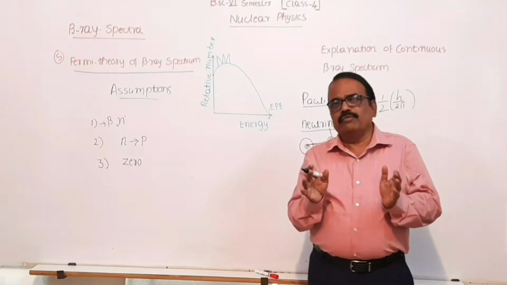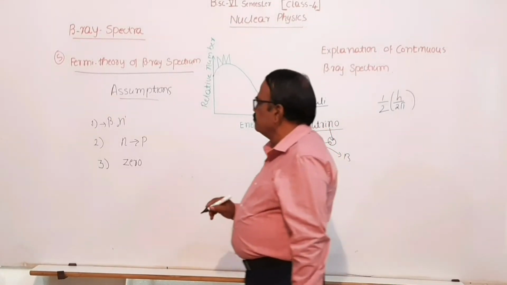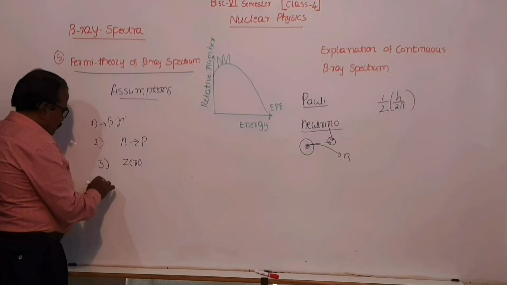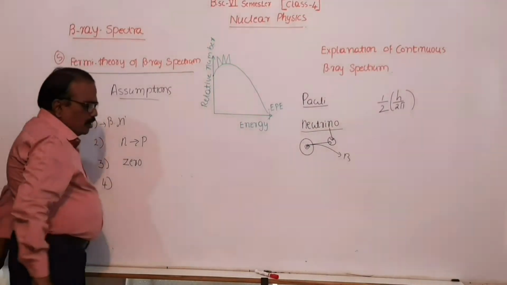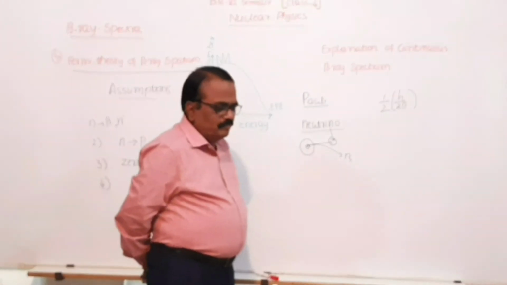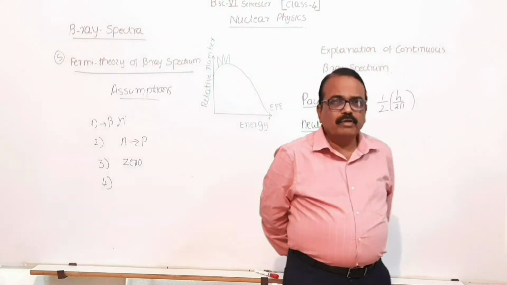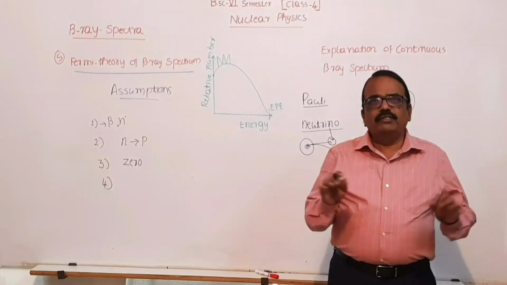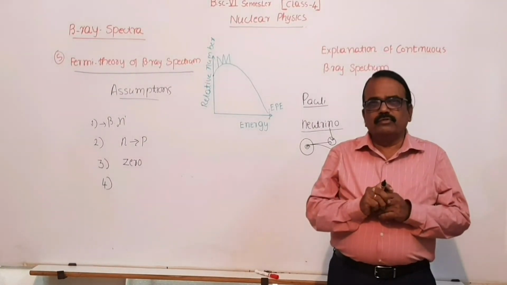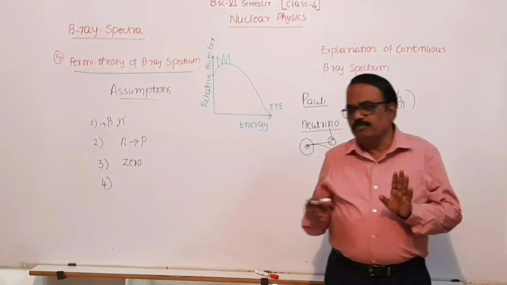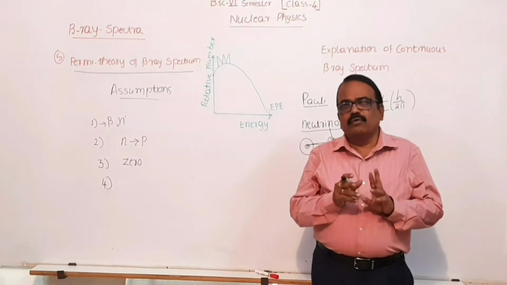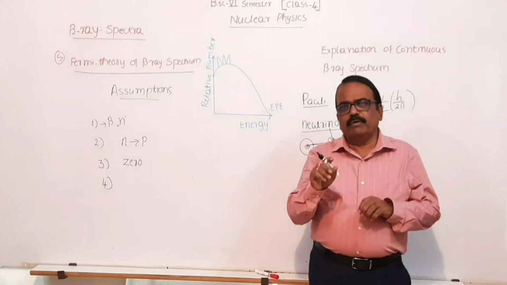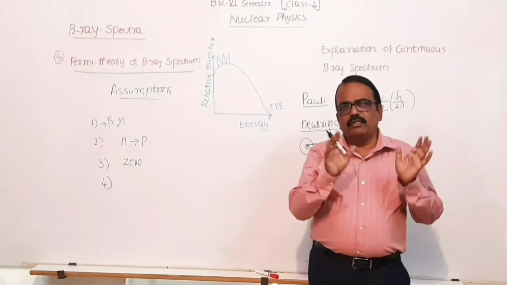Then the fourth one, the law of conservation of energy and momentum holds good. Then the last, fifth point, is there is no parity change. So he made five assumptions. One is neutrino and beta particles are not present inside the nucleus.